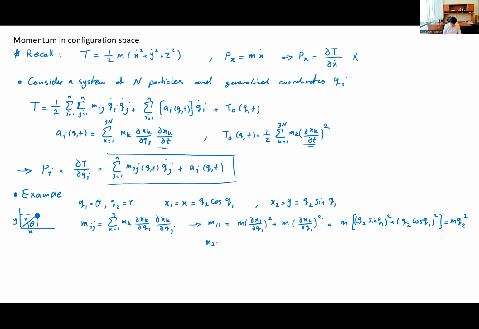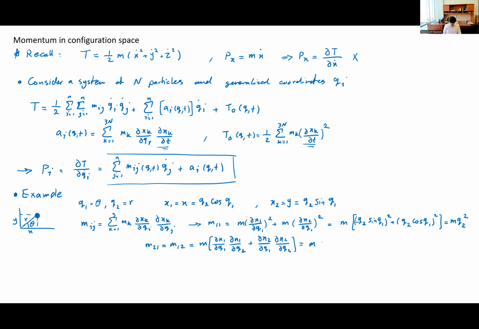So M21 equals M12, which is M times partial x1 partial q1 times partial x1 partial q2, plus partial x2 partial q1 times partial x2 partial q2.